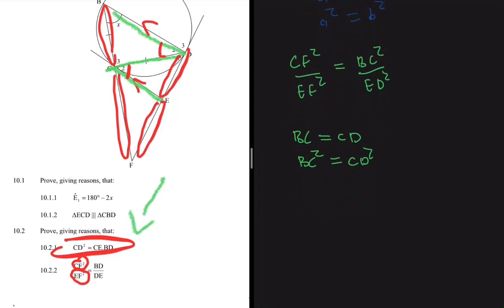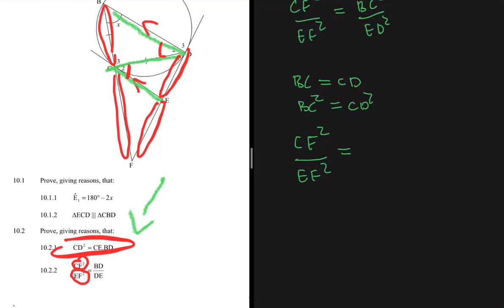So now we can say that CF squared divided by EF squared, and then in place of BC squared, we put in CE multiplied by BD, divided by DE squared. But we're not quite there yet.